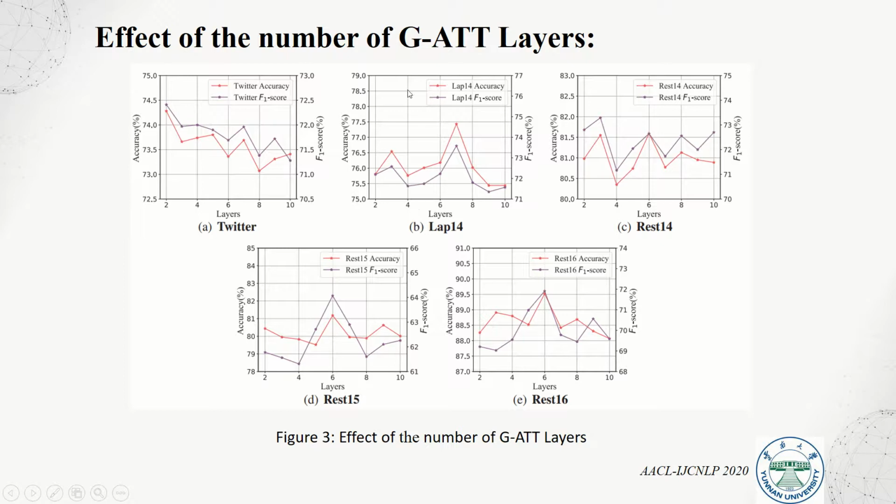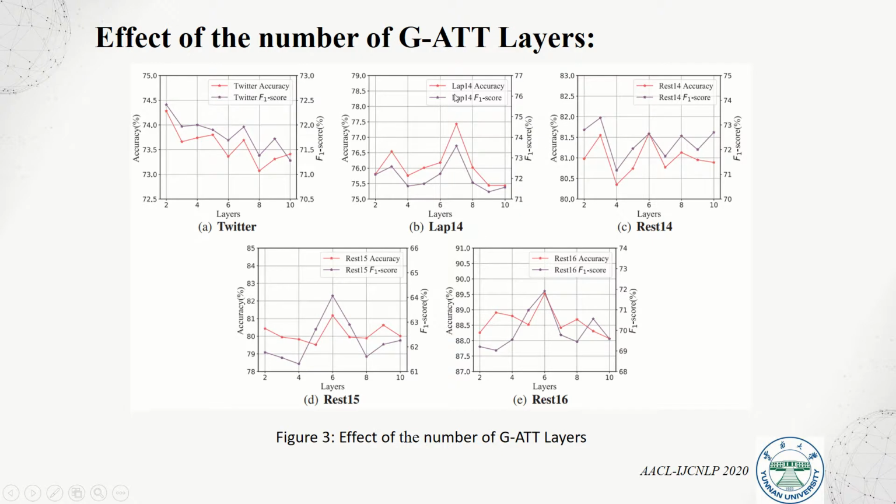We investigated whether the number of layers affects the proposed model's performance. As indicated, the best performance is achieved when the number of layers is 2 on Twitter, 7 on laptop 14, 3 on restaurant 14, and 6 on restaurant 15 and restaurant 16.